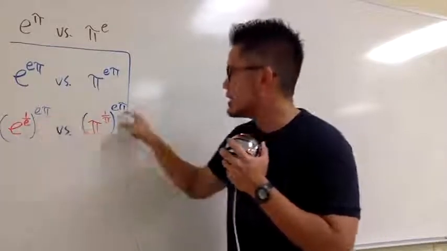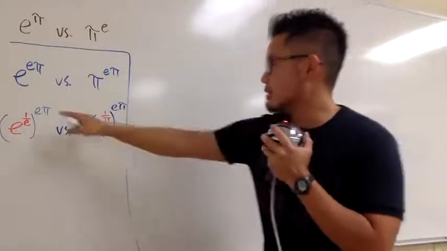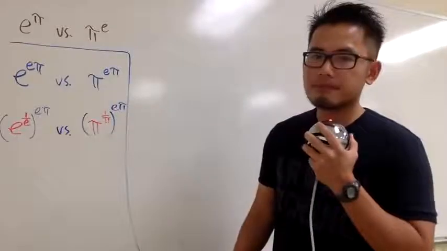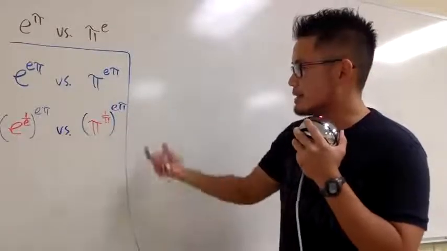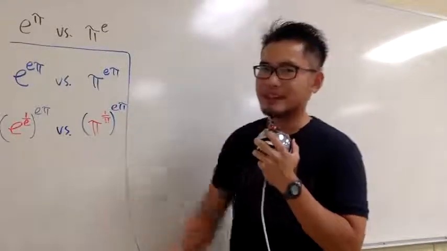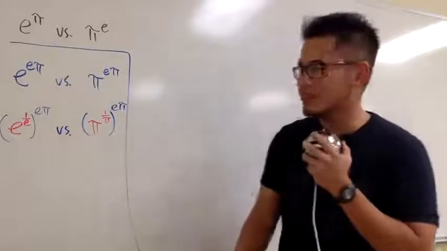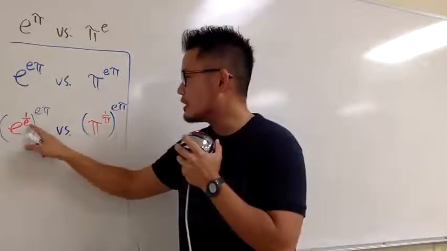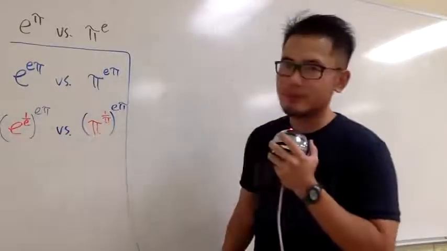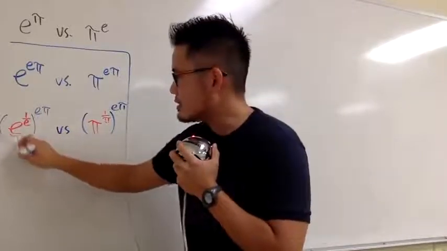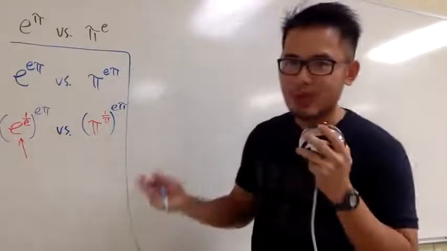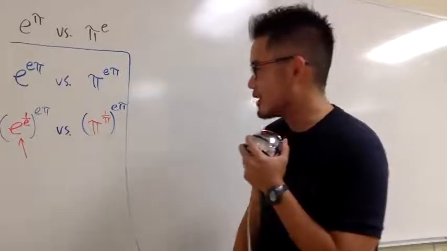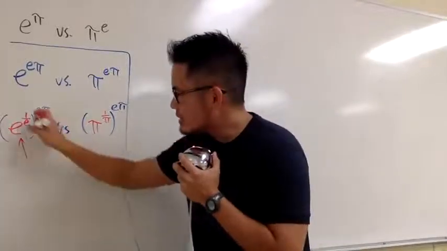And now they have the same exponents, the ones in the blue, right? But then I still don't see how we can say one is bigger than the other. However, here's the key. You see that we have e right here and e right here, pi right here and pi right here. This right here, we can consider a function. We can do calculus to argue which one is bigger than the other. Consider a function right here.